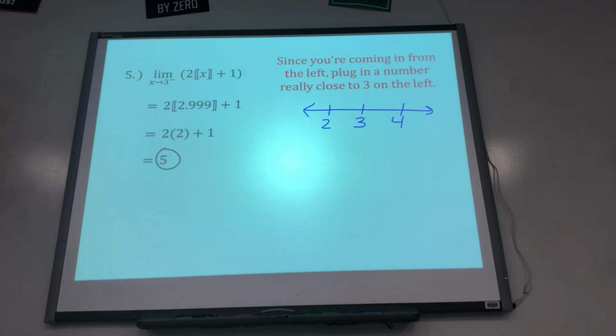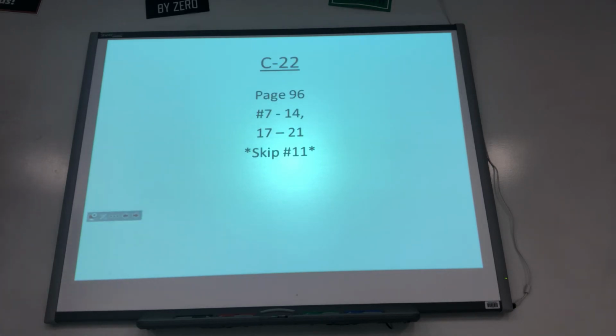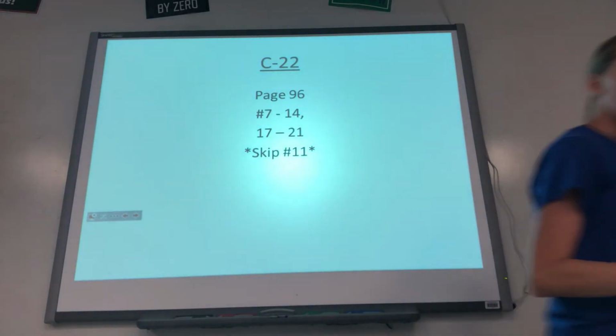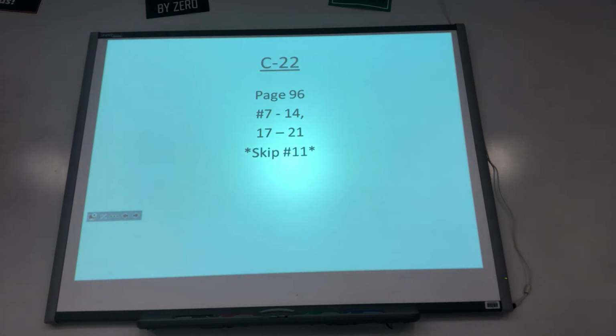All right, I think that is our last example here. So this should be C22 here. From page 96, we are doing 7 to 14 and then 17 to 21.